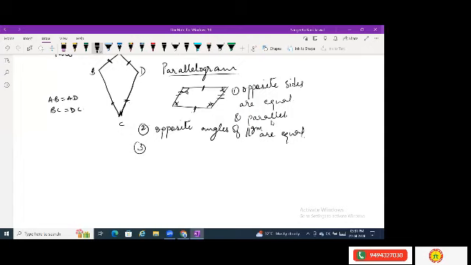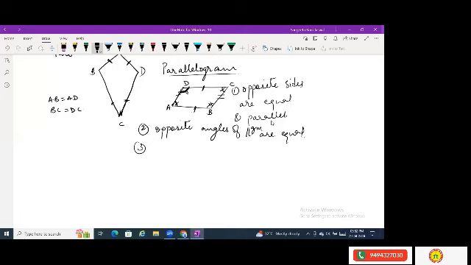Then the next thing about the parallelogram is that the adjacent angles in a parallelogram are supplementary. Now, what are adjacent angles? Adjacent angles, those angles which are sharing a common arm, like this angle and this angle. If I name this parallelogram as ABCD, so angle A and angle D here, these are adjacent because they are sharing a common arm between them.